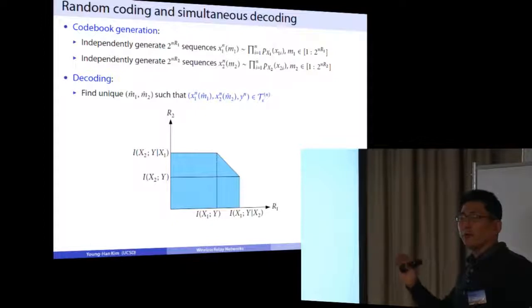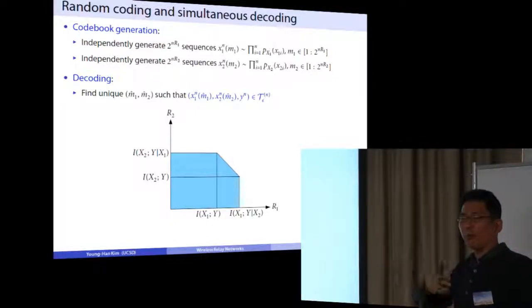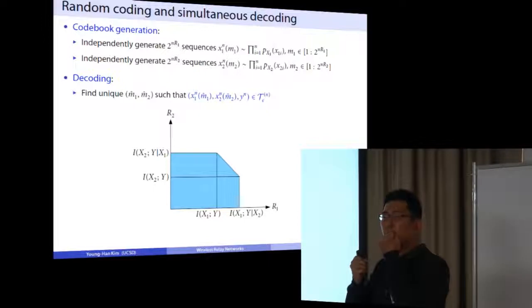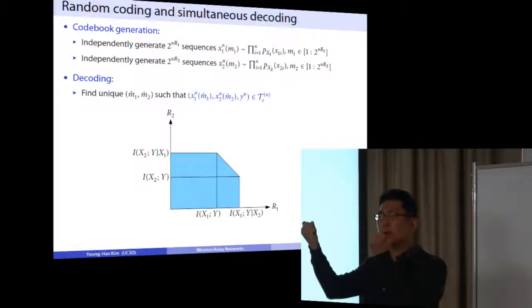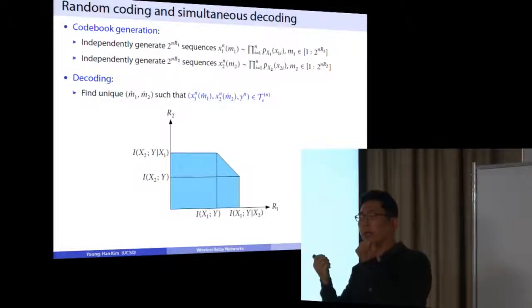And for those of you who haven't seen the multiple access channel or even the point-to-point random coding idea, it typically goes like this. When you generate your input code word X and output Y independently, and there are many, many input code words, what is the probability that the wrong input code word can confuse your output as jointly typical?